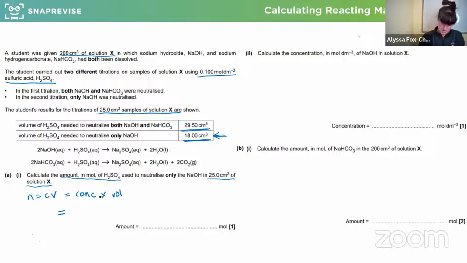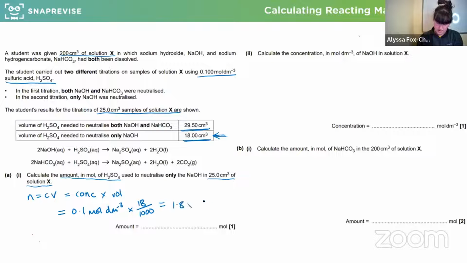So n equals CV, with V over 1,000 when my volume is in centimeters cubed. So 0.1 mole per decimeter cubed is my concentration that I was given, times the volume, which is 18, but it's in centimeters cubed, so I'm going to divide by 1,000.